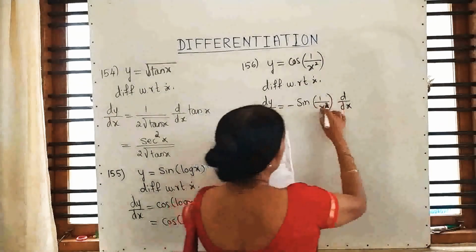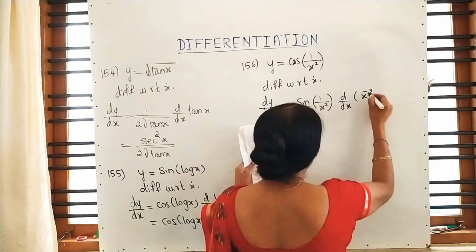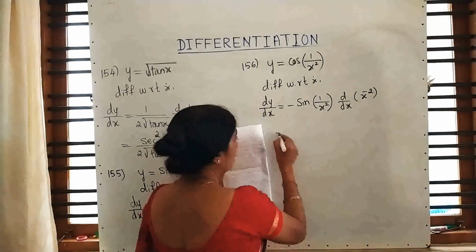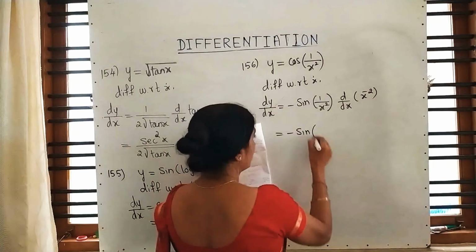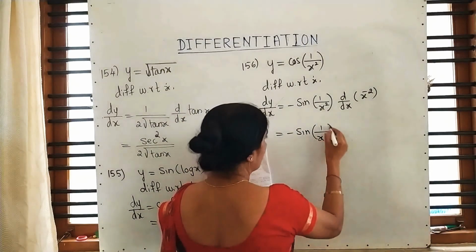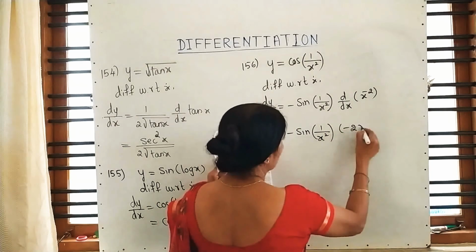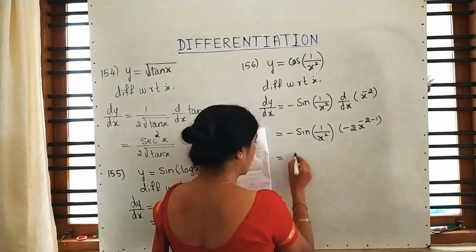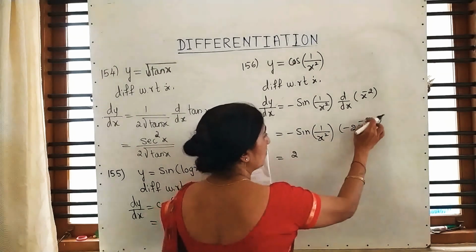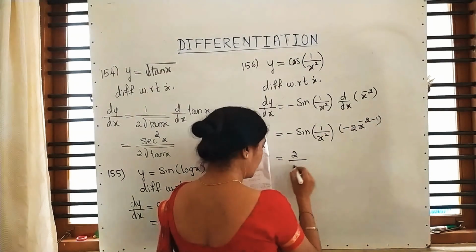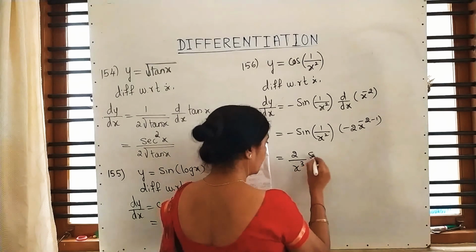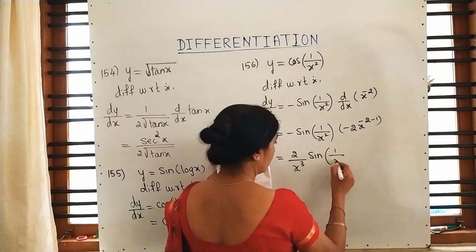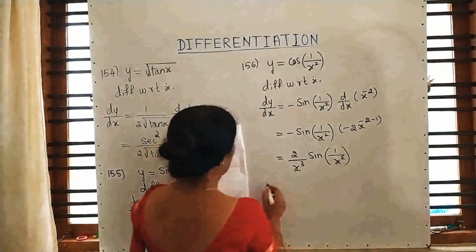Instead of writing 1 by x square, I am writing it as x to the power minus 2. Correct? It is minus sine 1 by x square, into the differentiation of the angle: minus 2, x raised to minus 2 minus 1. This minus and this minus become plus, and it is x to the power minus 3. It comes down.